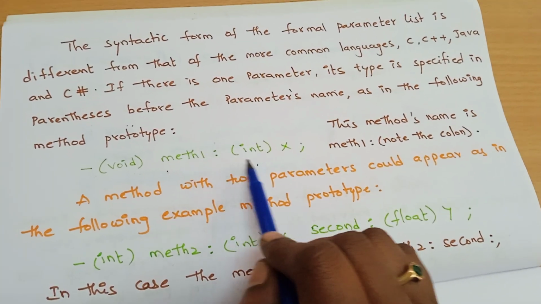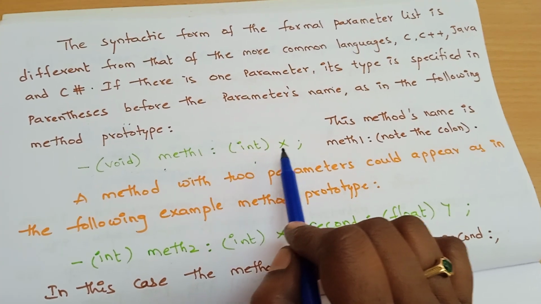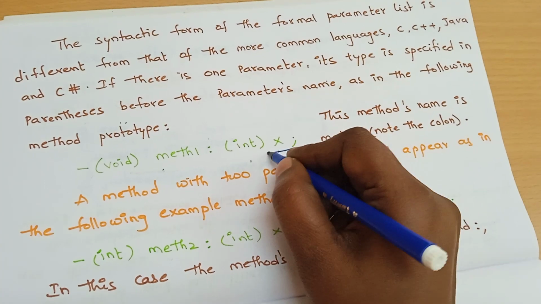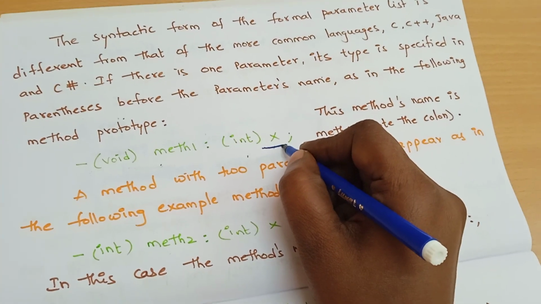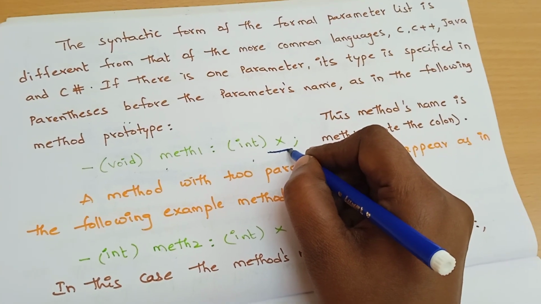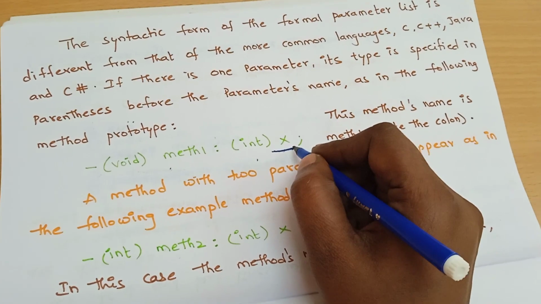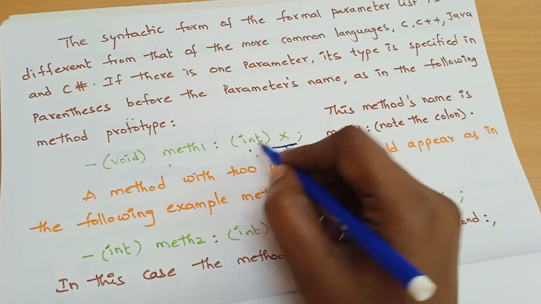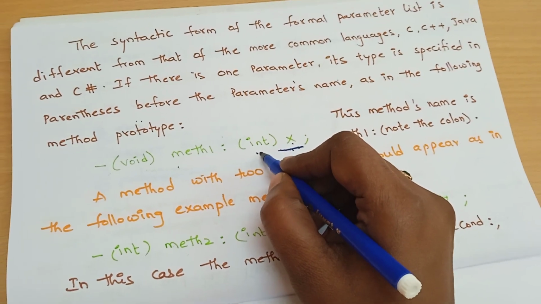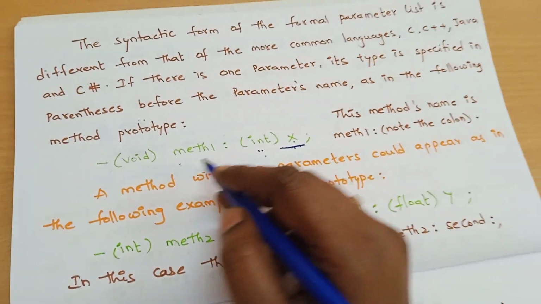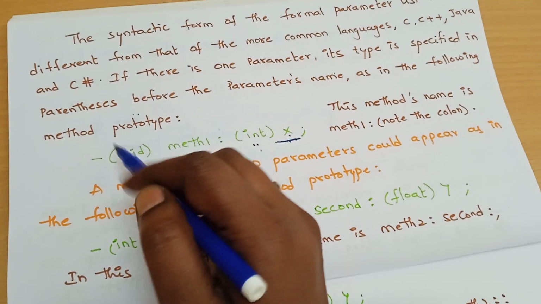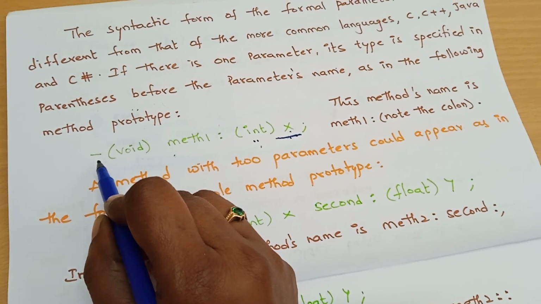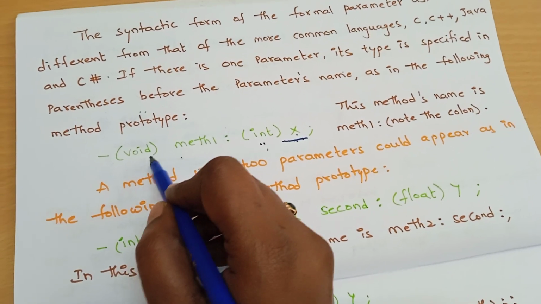I have only one parameter, X, and I specify the parameter type in parentheses before the parameter name, as in the following method prototype. In the syntactic structure we saw plus or minus; we use minus for instance methods.